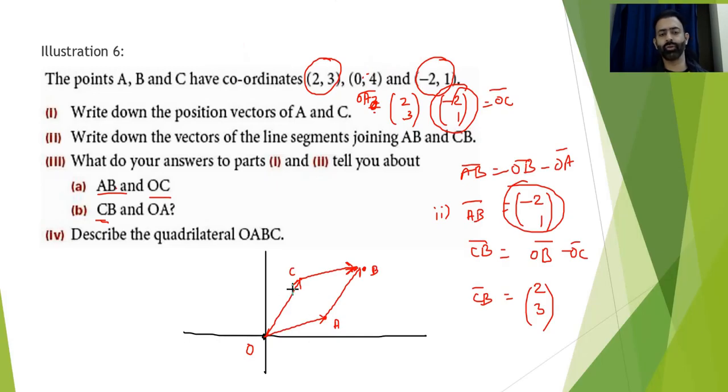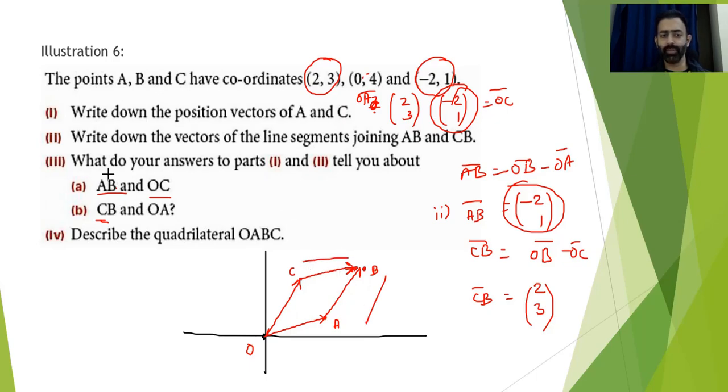So what kind of quadrilateral is this? Since opposite sides are equal, I would say this is a parallelogram. And since adjacent sides are not equal, vectors AB and OA are not equal.